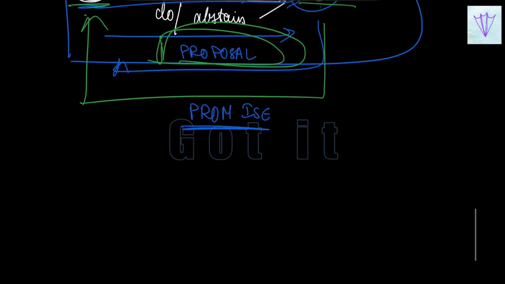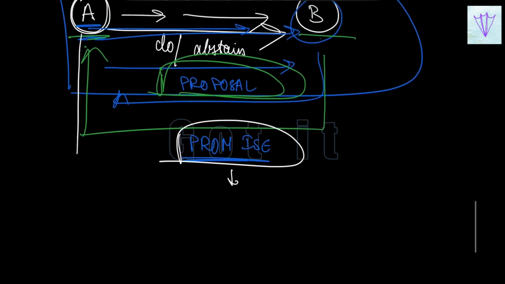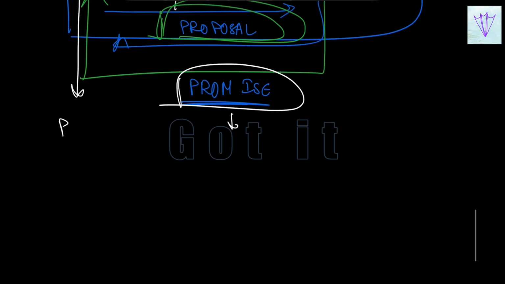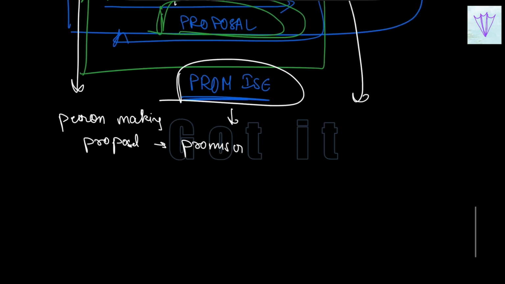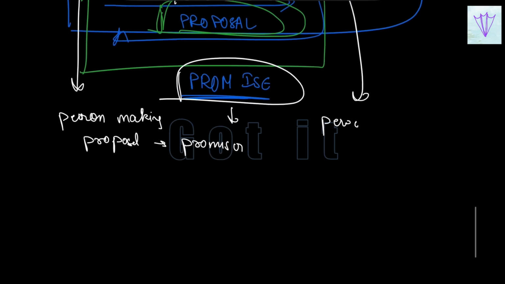When this promise has come into place, A, the person making the proposal, will be called the promiser, and B, the person accepting the proposal, will become the promisee.